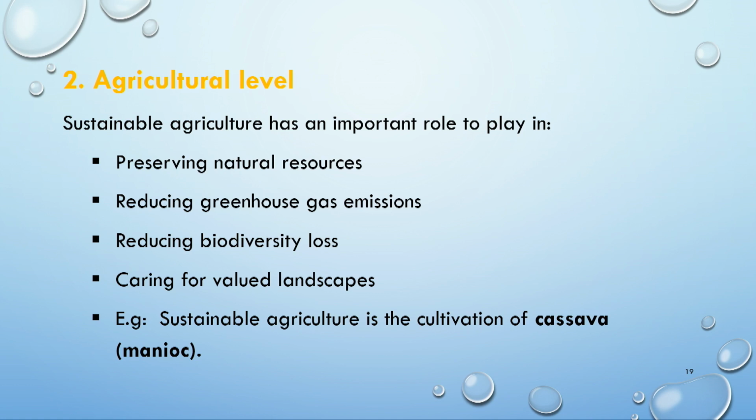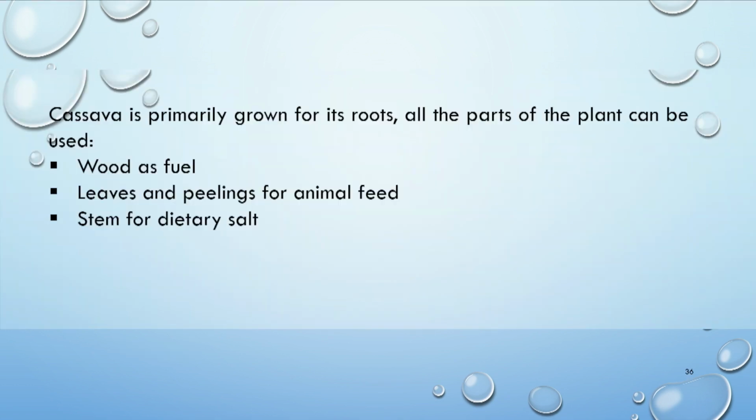Example, sustainable agriculture is the cultivation of cassava, that is manioc. Although cassava is primarily grown for its roots, all the parts of the plant can be used. The wood as fuel, the leaves and peelings for animal feed, and even the stem for dietary salt.